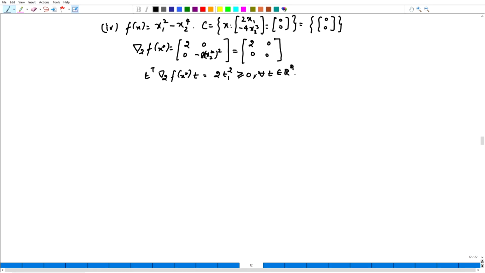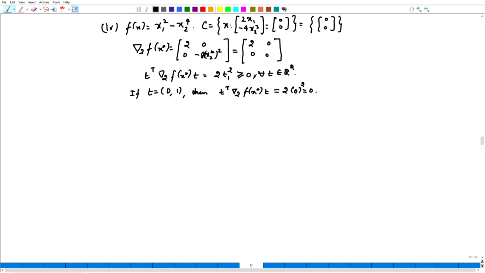That is correct, but I cannot write strictly greater than 0, because if t is equal to (0, 1), which is not the zero vector, you can see that even in this case t transpose del 2 f of x star t is equal to 2 into 0 squared, which is 0.